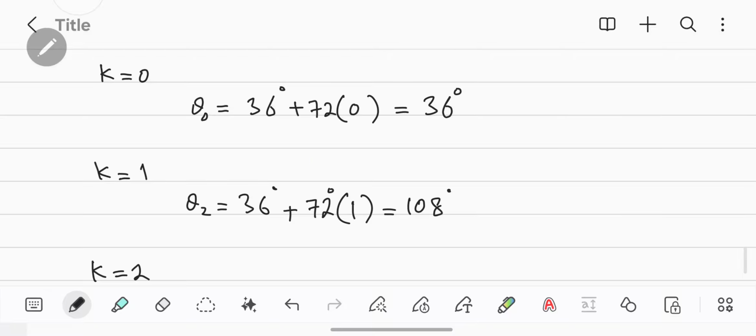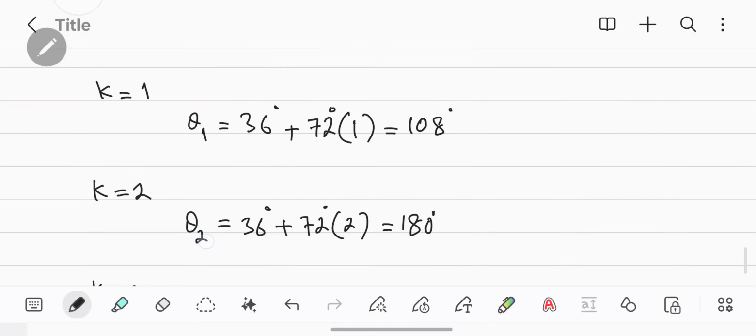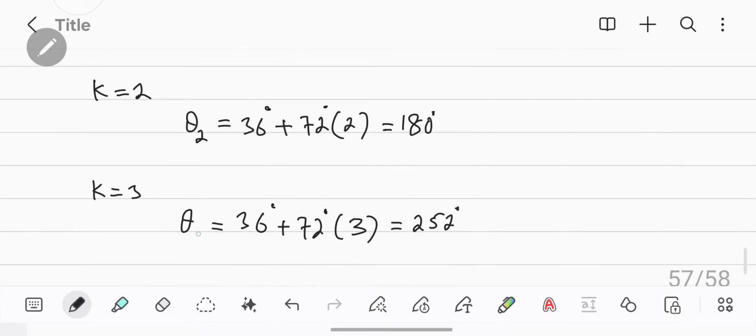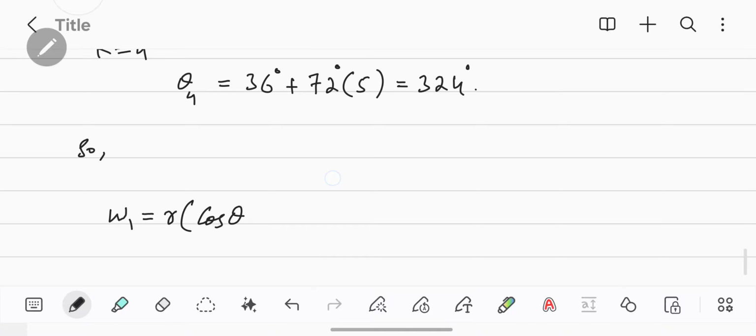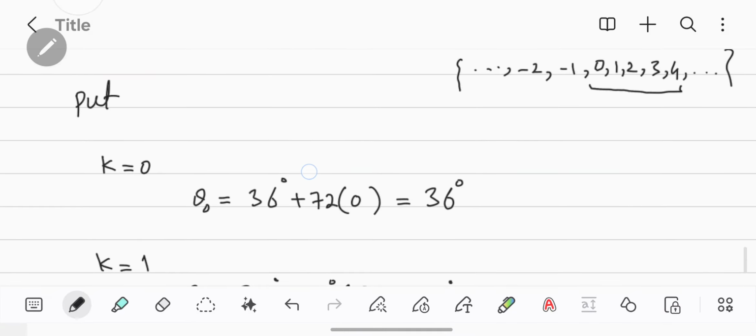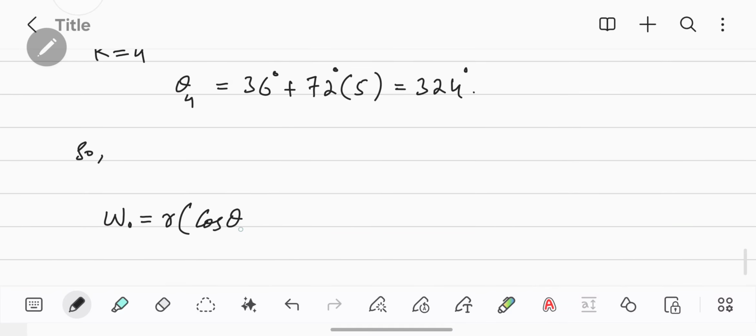For k1, I should write theta 1. For k2, theta 2. For k3, theta 3. And for k4, theta 4 on the index. So I will start from 0 here. So W0 will be equal to r cosine theta 0 plus i sine theta 0.